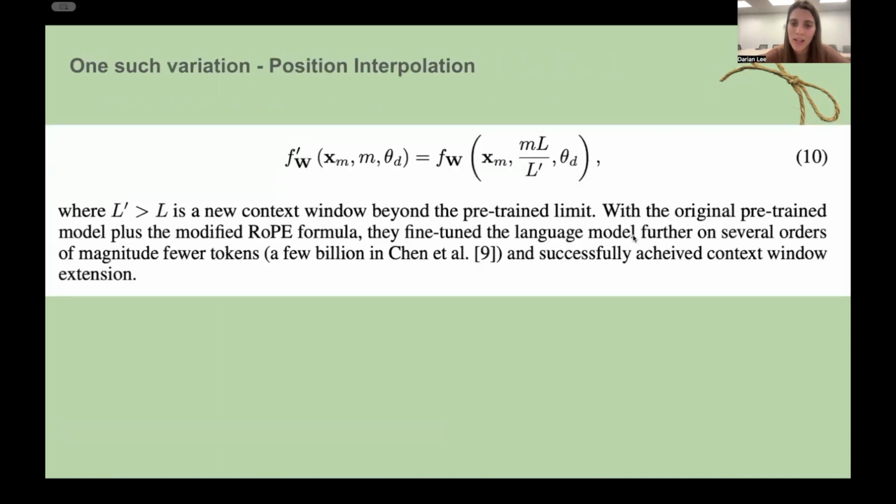Most of those variations involve some form of mapping the new context length into a place similar to the old context lengths. As you can see in this position interpolation, we have this L prime, which is the new context window, and you're dividing L by L prime to get something almost like a modular position, where it never goes past the old position, it just loops back. That has been shown to work better for increasing context lengths.